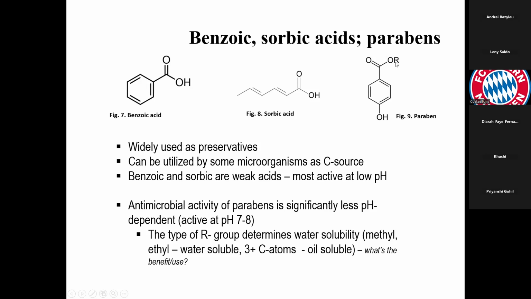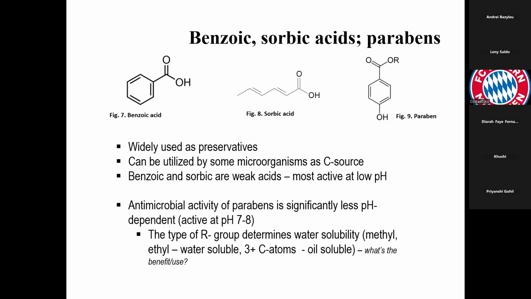This side group R stands for the side group. So parabens have a lot of good, I guess, antimicrobial properties to them. And that's why they were employed so commonly back in the day. Hopefully not as much these days. You probably heard about it.